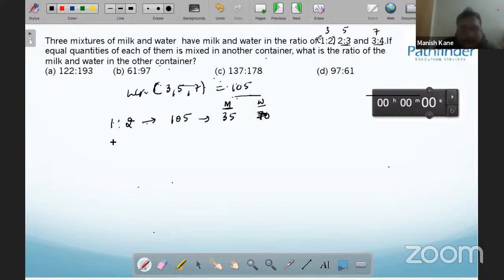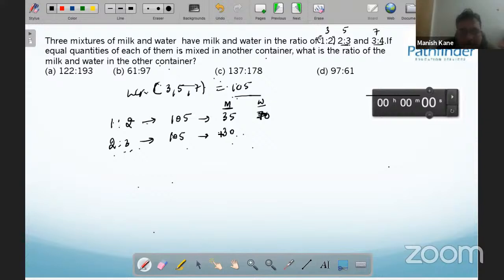Then 2:3 is the ratio of milk and water again, and we've taken 105 liters from here. So 2 by 5, 15 twos are 30 liters here, and sorry, not 30 liters, 15.